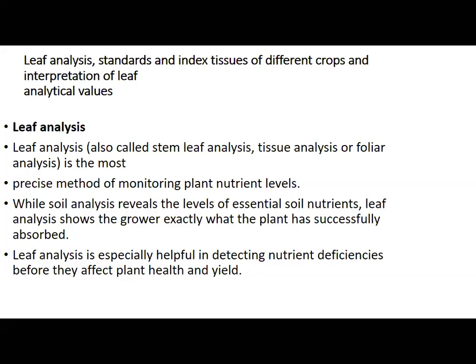Generally, we use the soil available nutrients, and if the soil available nutrients are not sufficient to meet the recommended dose, then we add the rest of the nutrient dose by artificial application of organic manures, artificial fertilizers, and biofertilizers, so that the total recommended dose of fertilizer, which is optimum for cultivation of any crop, is fulfilled.